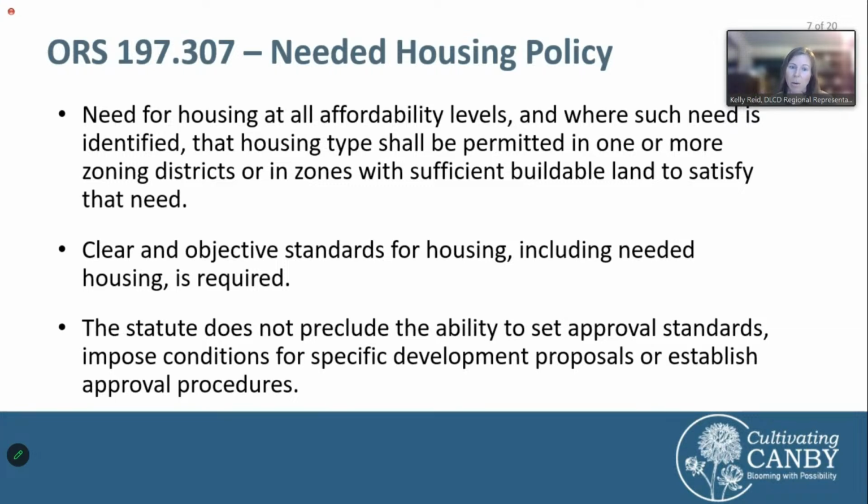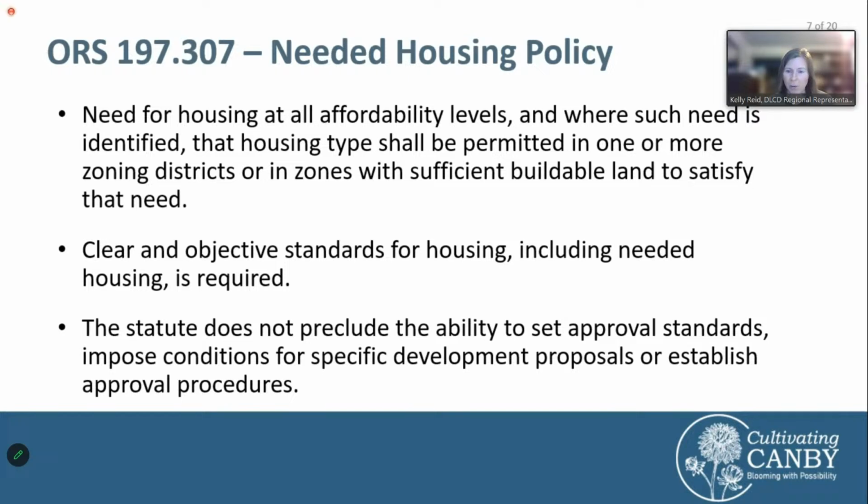This statute now applies, and so since then there have been several cases before the Land Use Board of Appeals where there's been some interpretation, and there have been several cities that have seen their decisions get remanded back to them because they were applying standards to housing that LUBA deemed to be not clear and objective.